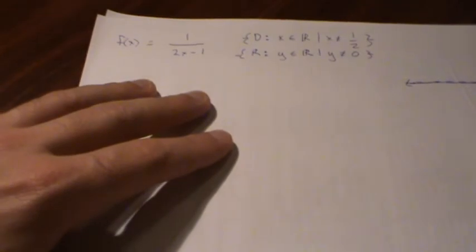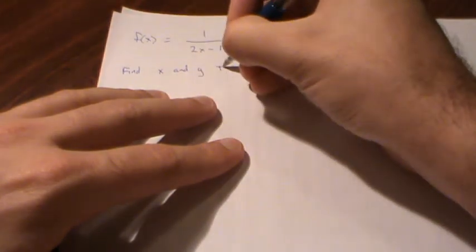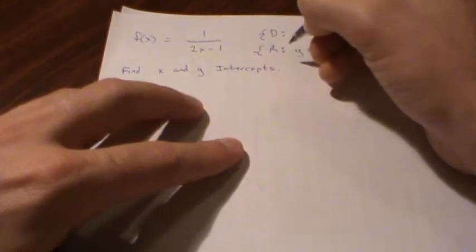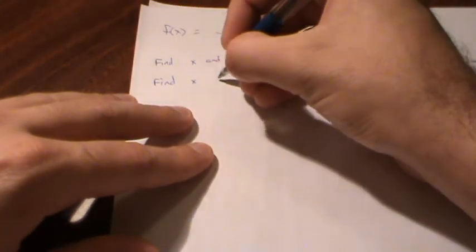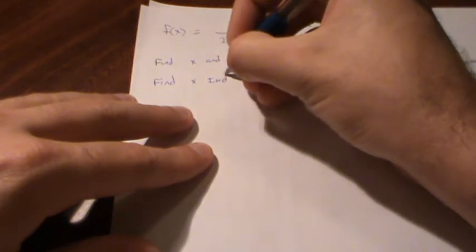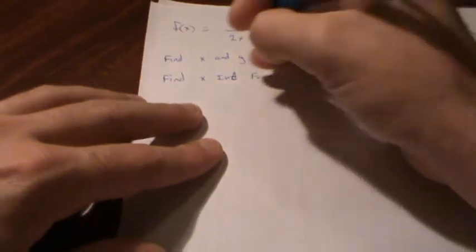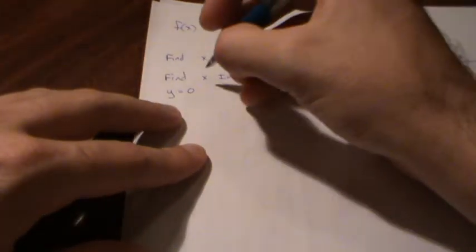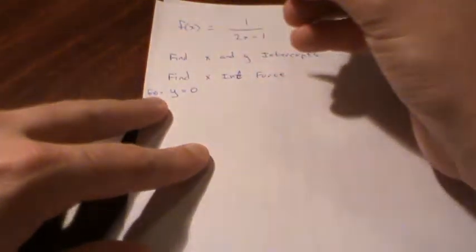So let's now actually find the x and y intercepts. So remember, to find the x intercept, force y to be equal to 0. Or you can force f of x to be equal to 0.